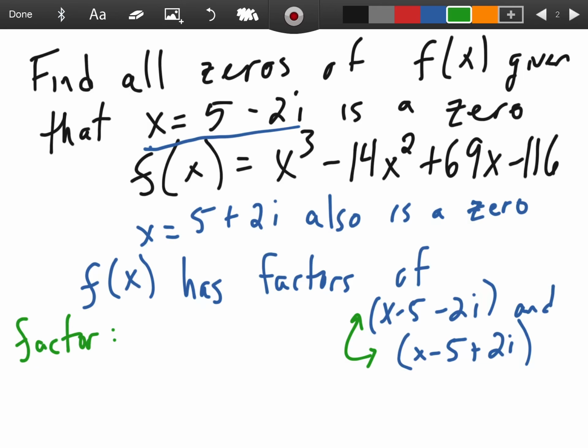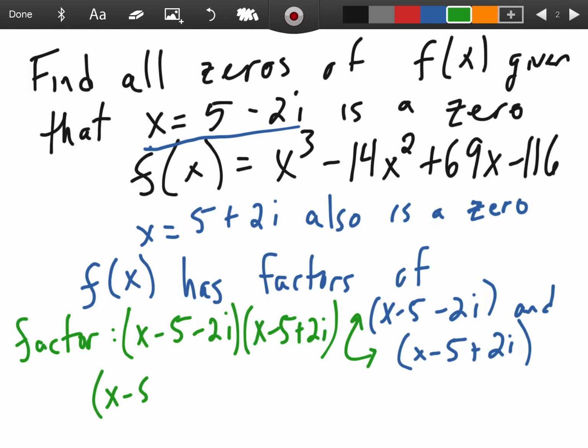It must be, again, the product of these two, x minus 5 minus 2i times x minus 5 plus 2i. So multiplying these together, yeah, we could show out every single one of these. Remember, like negative 2ix and positive 2ix are going to cancel out. So this is really just the same thing as doing x minus 5 squared, so x minus 5 times x minus 5.